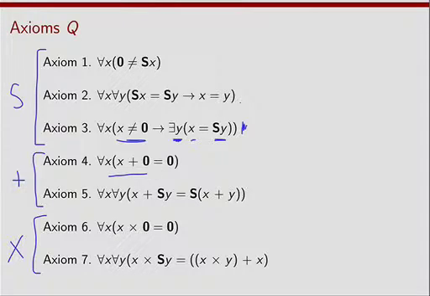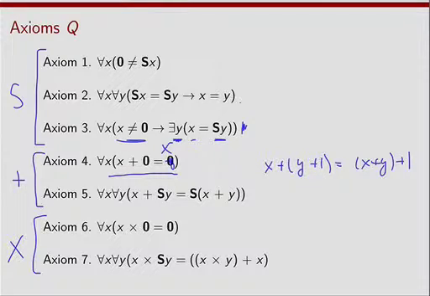Addition: anything plus 0 is, sorry, that's a mistake. This should be x. x plus 0 is x. Axiom 5, this tells you how successor and plus interact. So if you just take x plus the successor of y, that of course is just going to be the successor of x plus y.